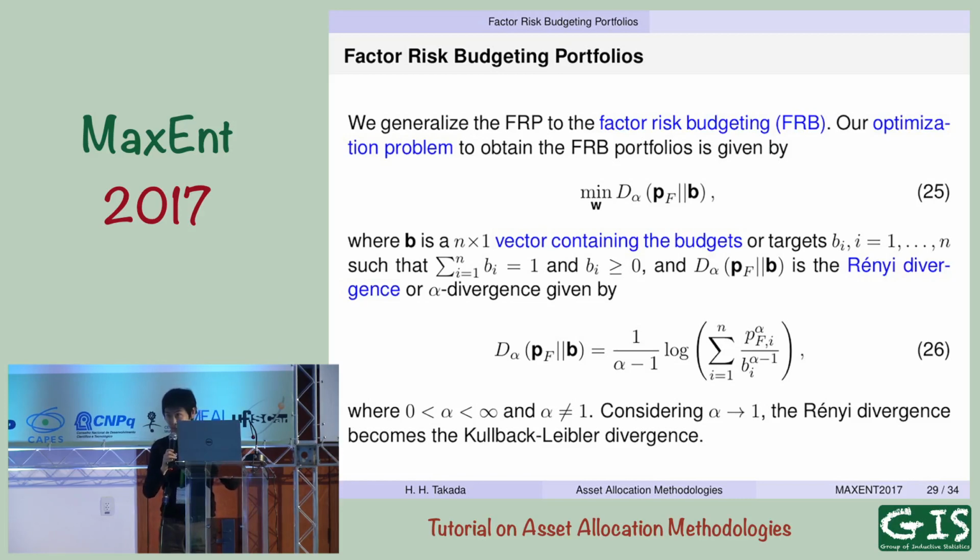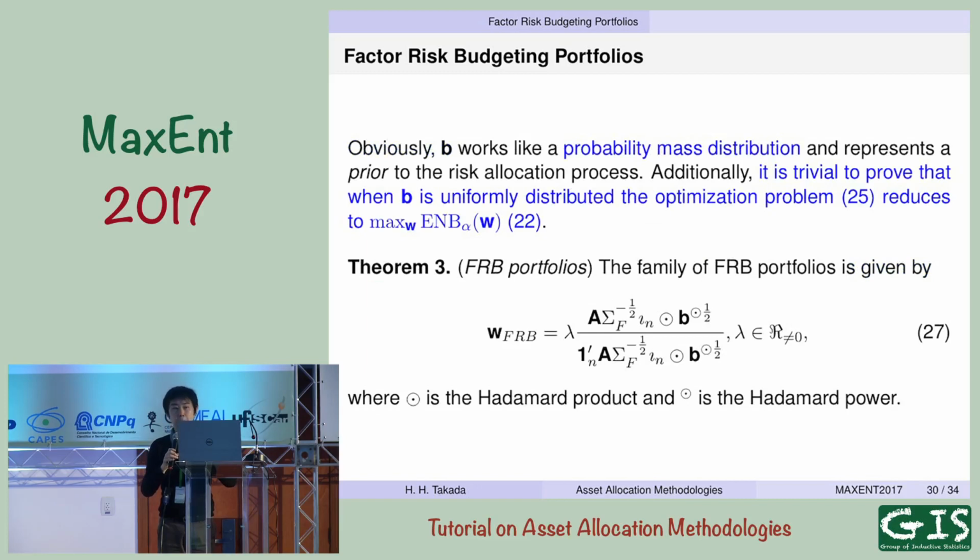So if you minimize that, it's possible to obtain analytical solutions. And the analytical solutions are given here, quite similar to the ones obtained for Riskparity portfolios, but here you have some prior information. For example, the GDP of each country if the allocation is between different countries.